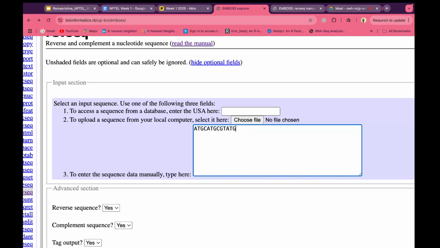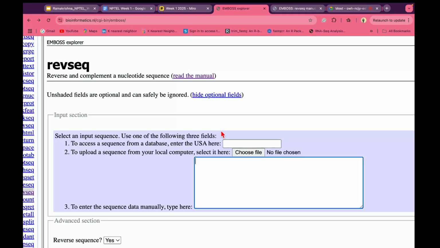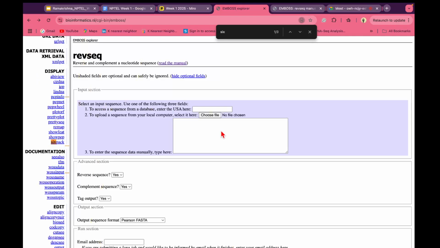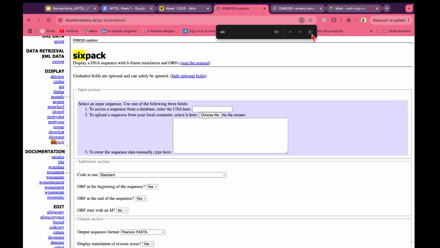Further I want to explain how translation happens here. Similarly, I want to search for sixpack. It displays a DNA sequence with 6-frame translation and ORFs.